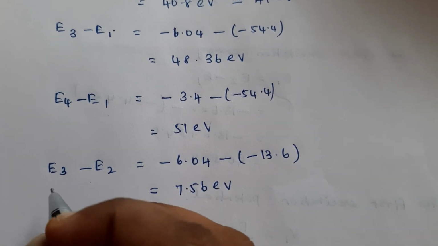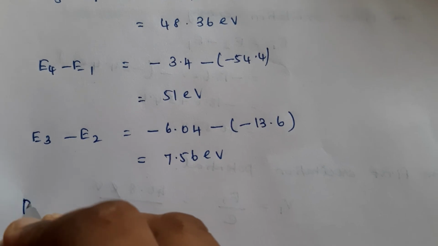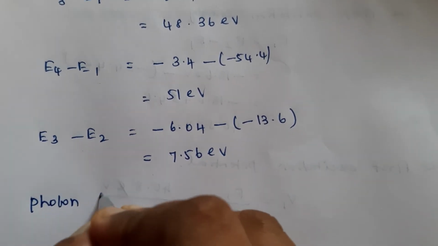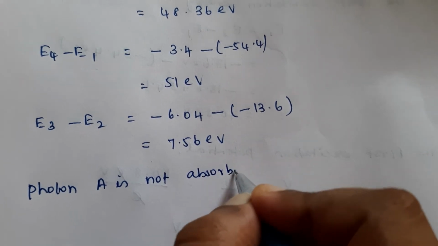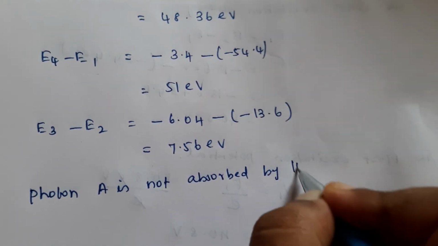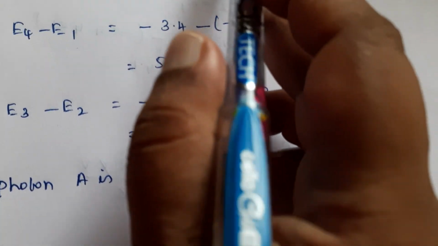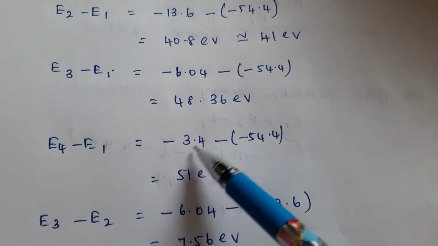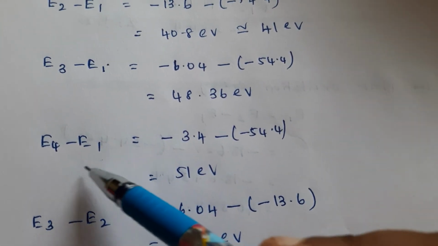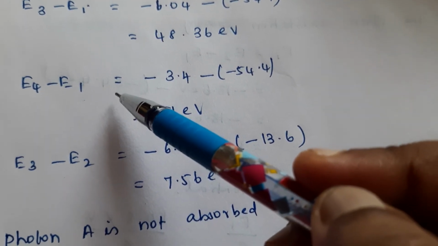So we can write, photon A is not absorbed by the atom. Now what is the second value here? It is 51. Whether we have any value for 51, here we have a value: E4 minus E1 is having 51.